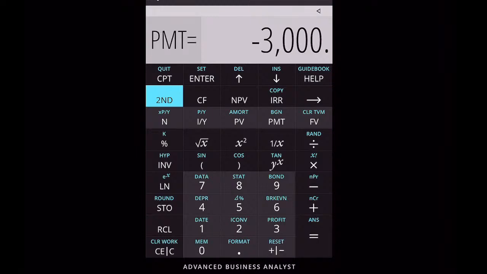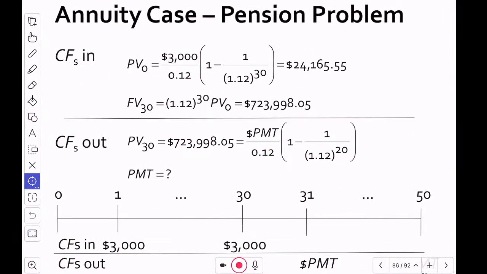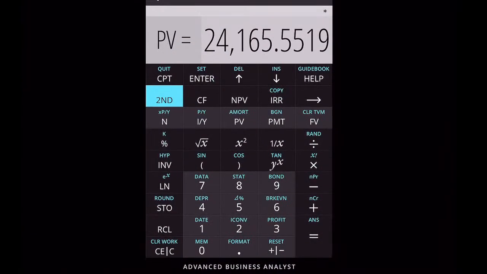And FV, I put nothing in there because we're not dealing with bonds. That one is just, I give a placemark of 0. So then you compute the present value. So that's the present value amount that is in the notes. The notes say 24,165.55. And I got 24,165.55.